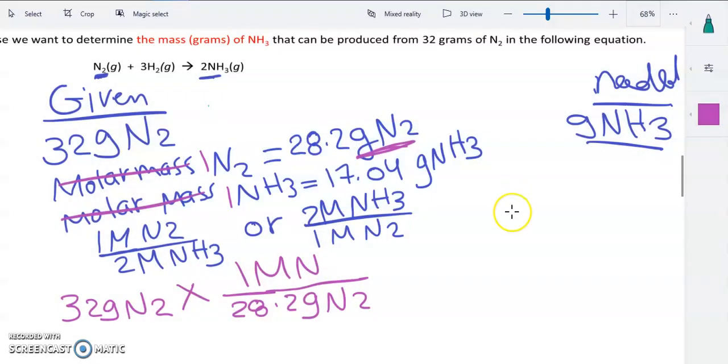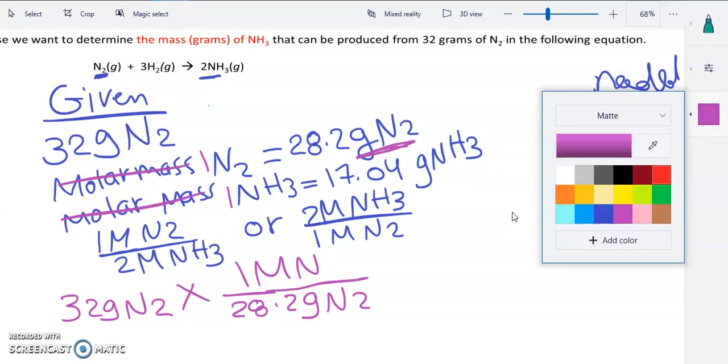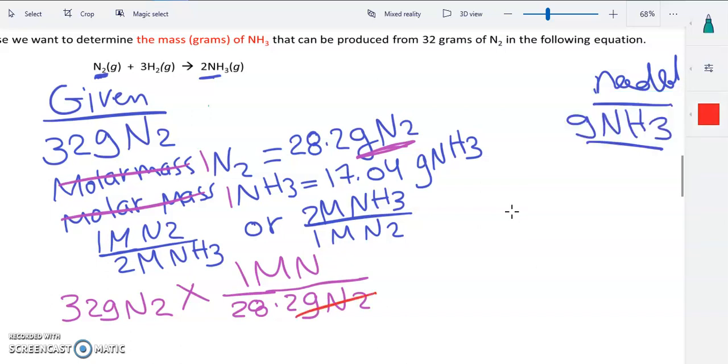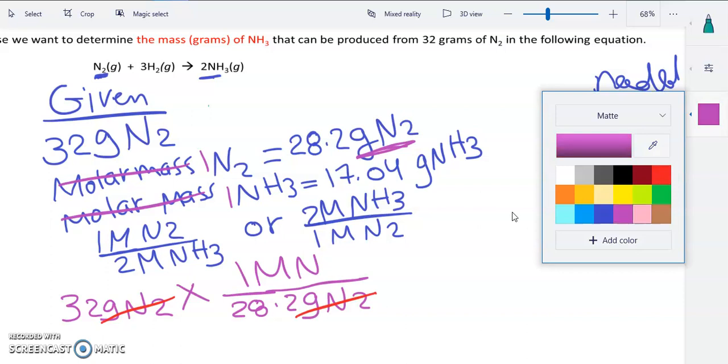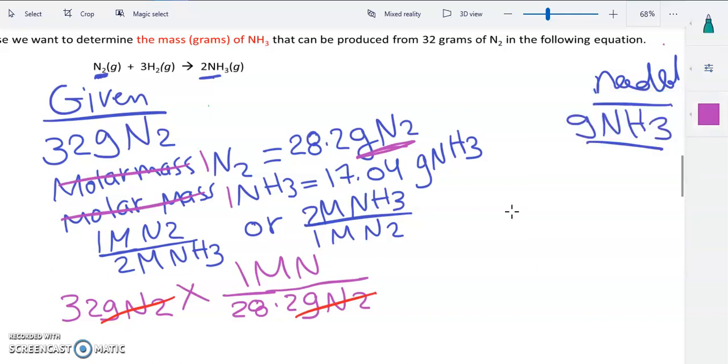Oops, hopefully I finish this video. Now we will cancel out our units. Here, grams N2, grams N2. Now we ended up having mole nitrogen. Is this what we need? By looking here, no, that's not what we need. So we need something that has 1 mole of nitrogen.